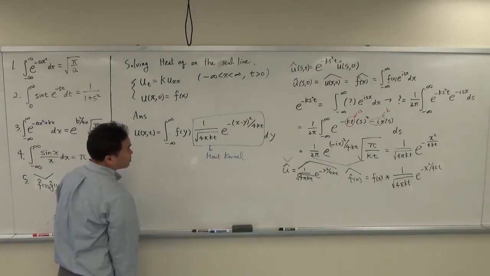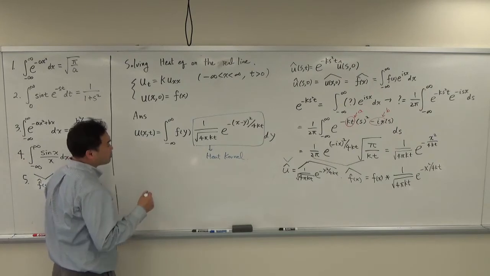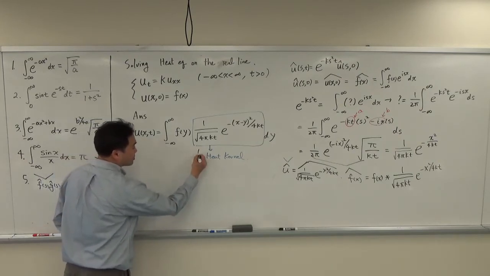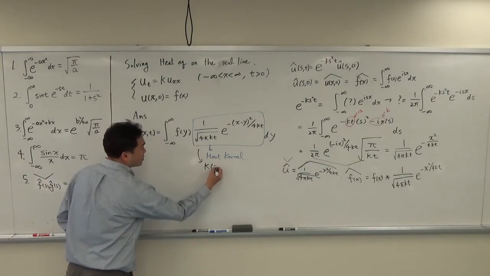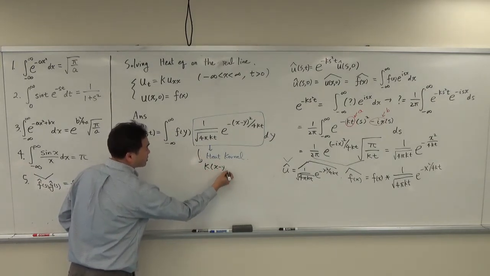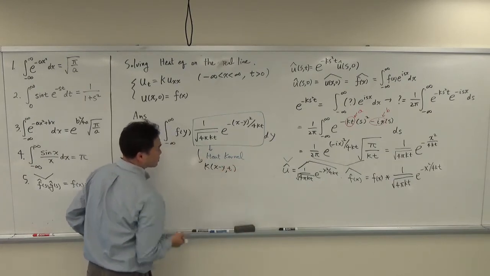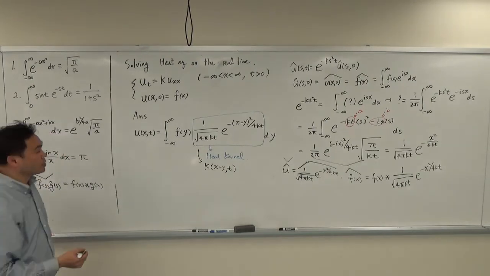Another thing that you might be interested in is what happens when you take the heat kernel. So let's call this k(x minus y, t). That's how we're going to call it.